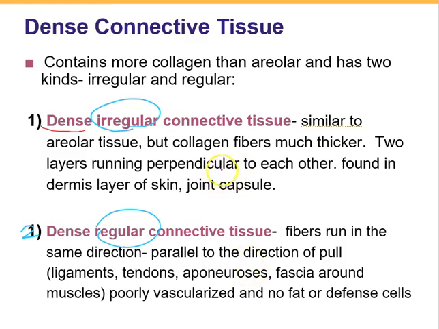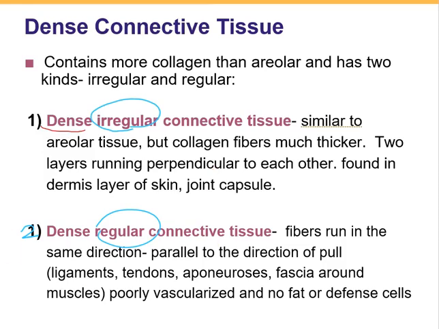those collagen fibers are found in different directions in an irregular fashion in this type of tissue. We can find dense irregular connective tissue in the dermis layer of the skin and around the joint as a capsule, because this connective tissue gives strength and support to our structure.